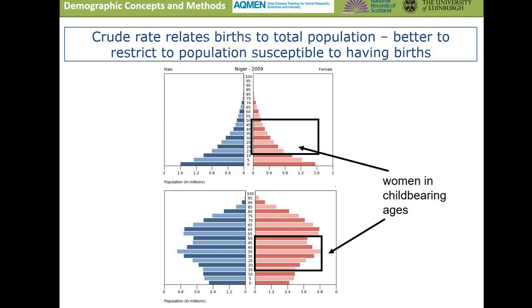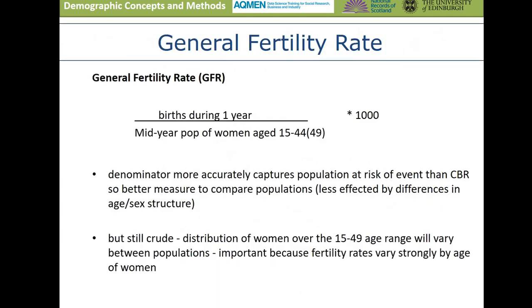So the lower population pyramid here clearly has a higher proportion of women in the childbearing ages, and so we might expect more births as a result, simply because of the population structure, compared to the population pyramid at the top, which has a lower proportion of women at those childbearing ages.